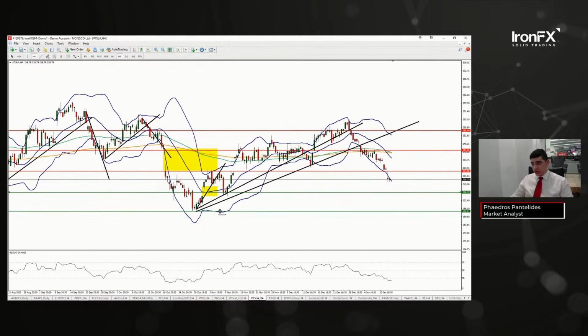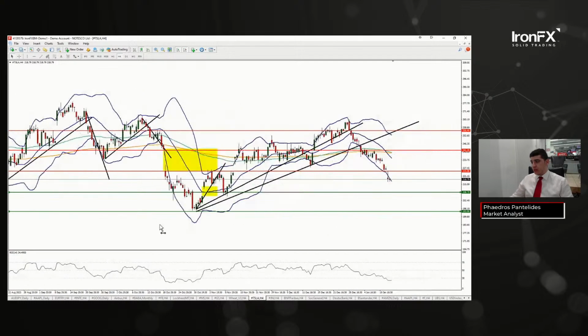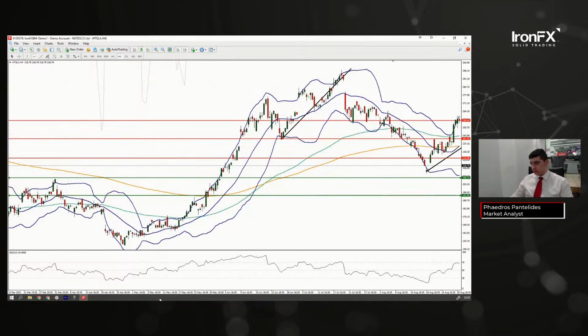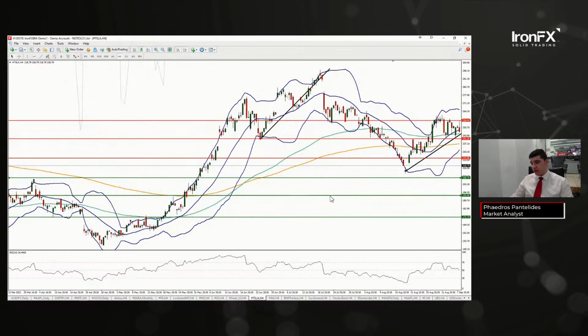And then for S2, previous low as well, the start of these upwards moving trend lines, 193.90. And then for S3, taking this previous low, 175.79.